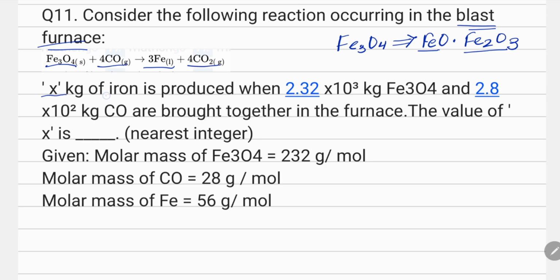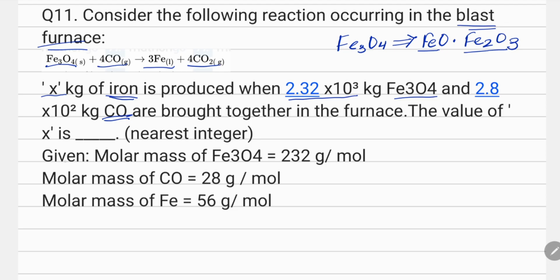X kilograms of iron is produced when 2.32 into 10 to the power 3 kilograms of Fe3O4 and 2.8 into 10 raised to power 2 kilograms of carbon monoxide are brought together in the furnace.